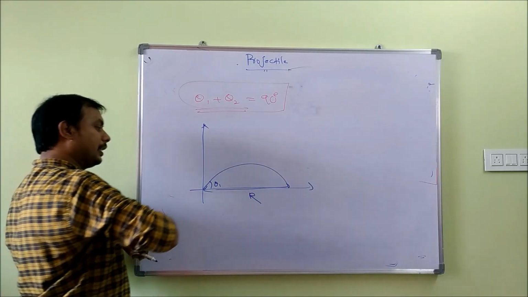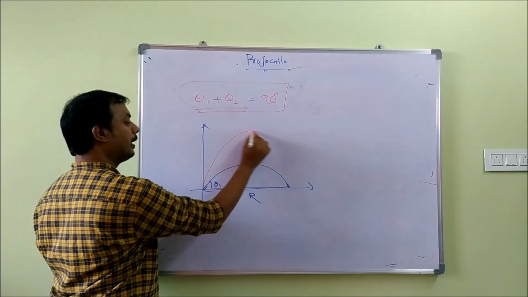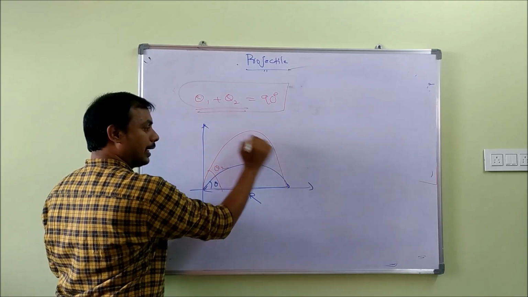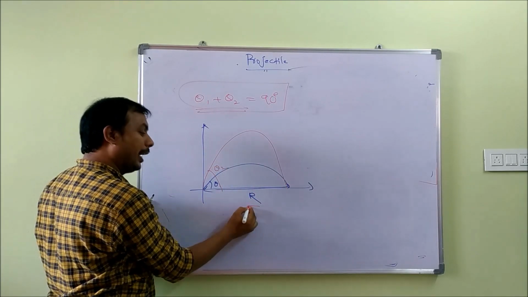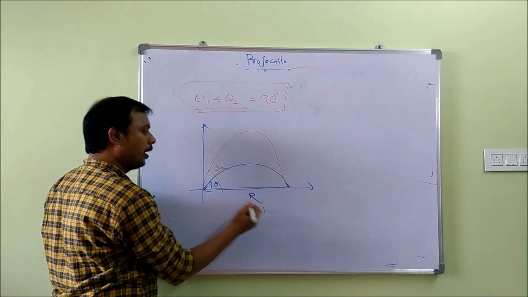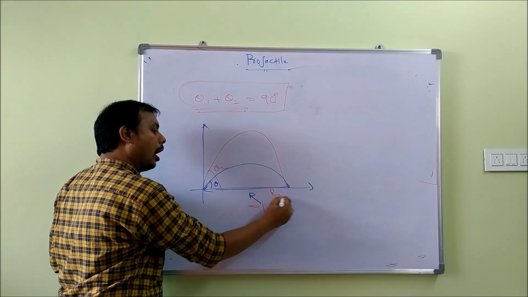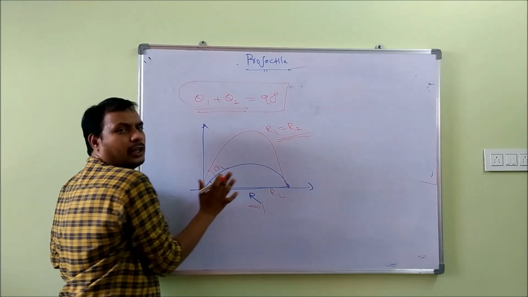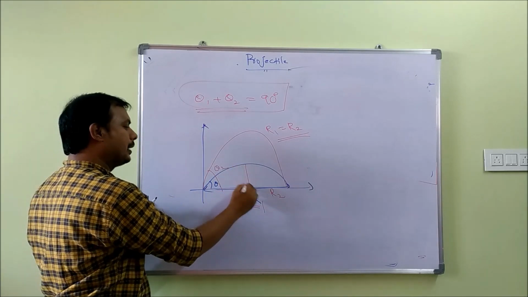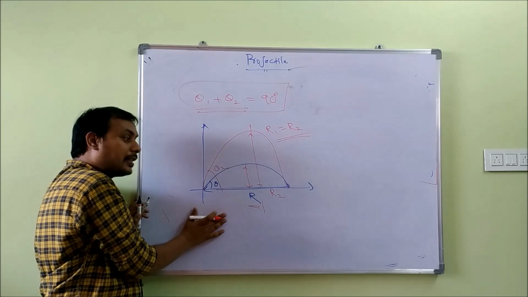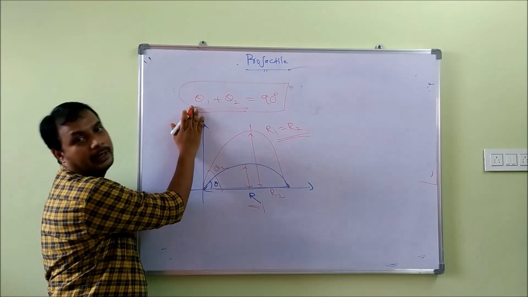And second, theta 2. For the second angle of projection also, the range is the same. Theta 1 gives R1, theta 2 gives R2. For complementary angles, range values are equal, but the heights are different. Different heights, but same range for complementary angles.